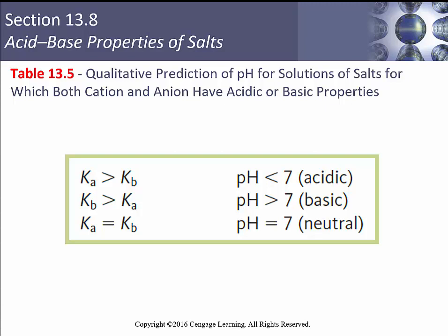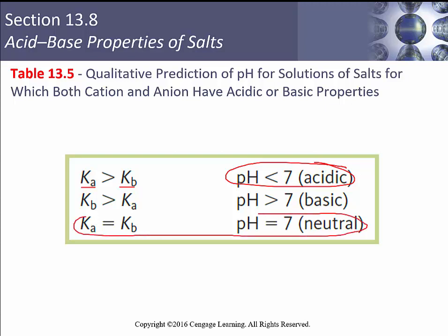And whichever one of those is bigger is going to control the pH. So if my Ka is bigger than my Kb, my pH is going to be less than 7. It'll be acidic. If they're about the same, I'm making as many H pluses as I am OH minuses, it'll be neutral. If my Kb is bigger, my pH will be basic. I'm making more OHs than I am H pluses. It's going to be a basic solution.